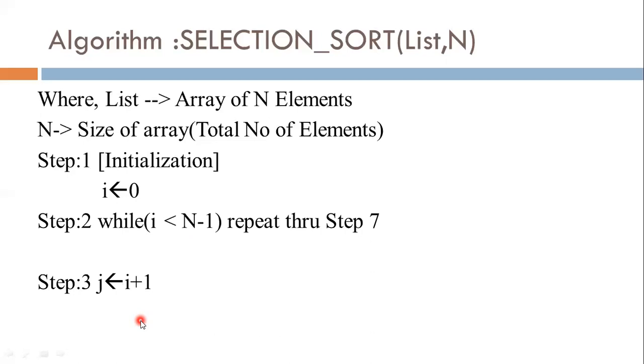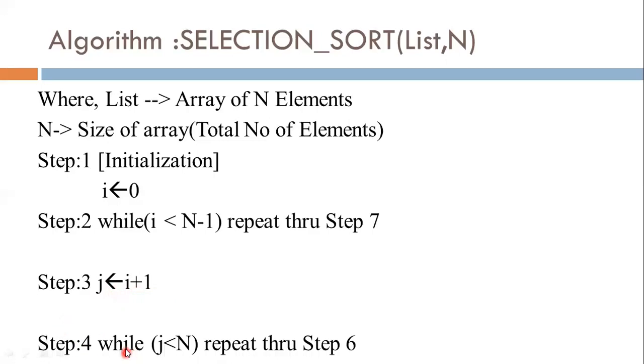And in step number 2, I compare the second element with the third element, then the second with the fourth, then the second with the fifth. Okay, so j denotes the starting point of the element, and which is i plus 1.